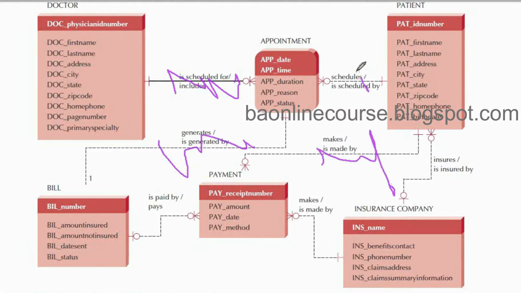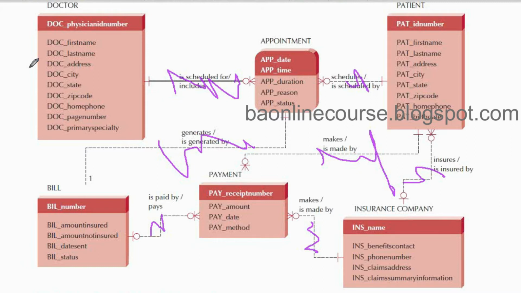So nothing is maintained. You're just figuring out all this information, and then they're not linked to each other. None of these relationships is maintained. Now I'm storing all the information, whatever is coming. I'm storing information about doctor, the patient, appointments, the bills, payments, insurance companies, but nothing is related.